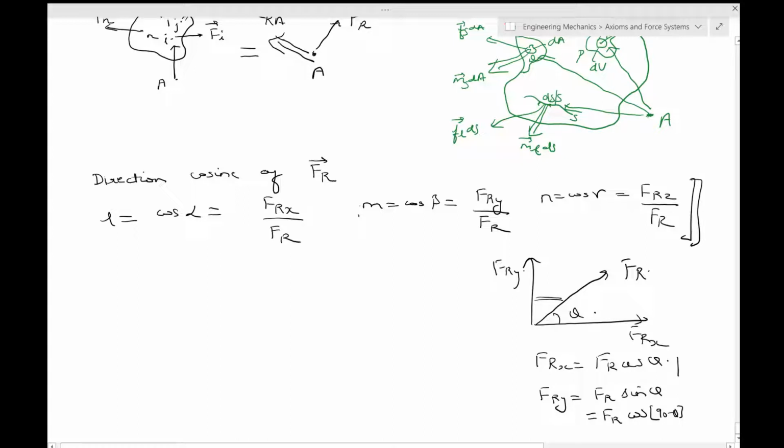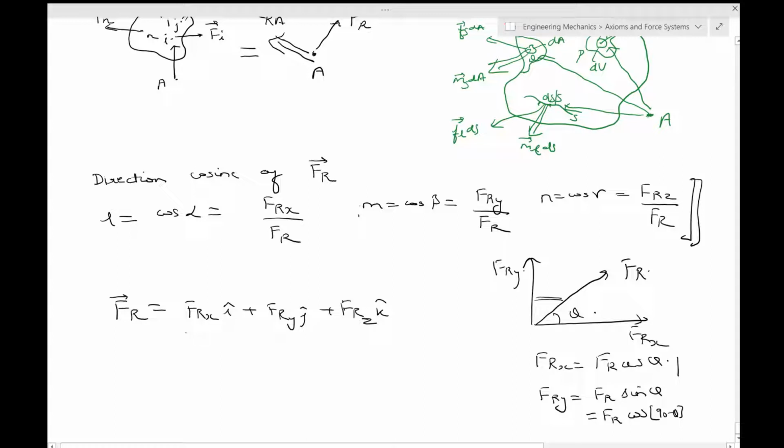In a three-dimension case it makes much more sense. The idea is that if you know the direction cosines of Fr, you know all the components. Fr is a vector which will be Frx i hat plus Fry j hat plus Frz k hat.